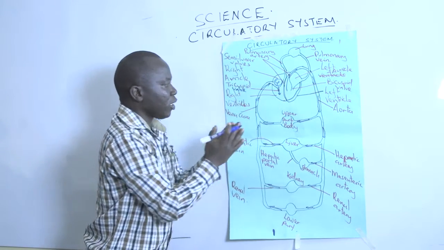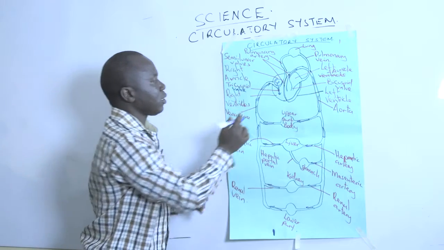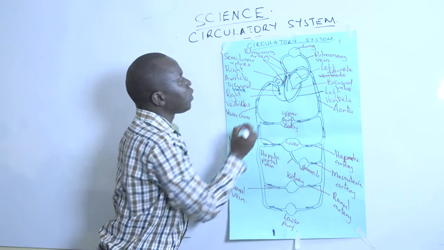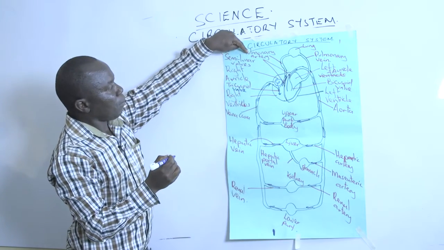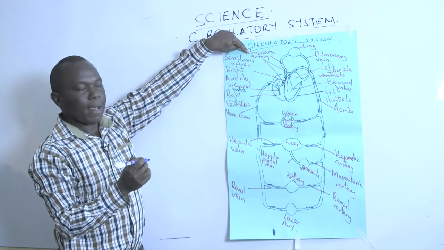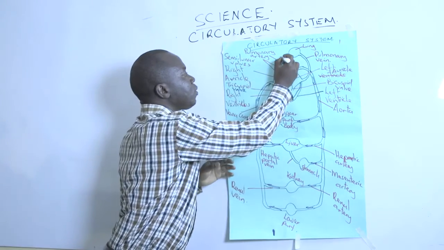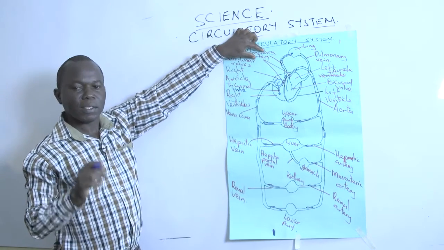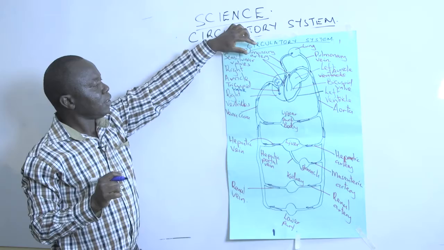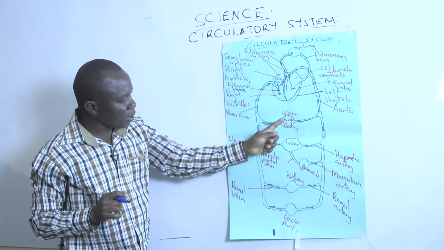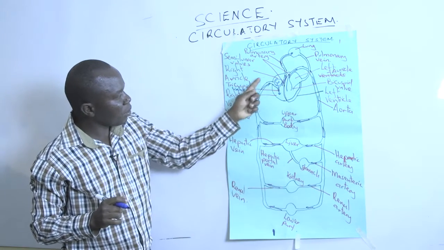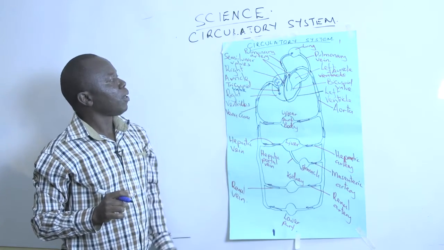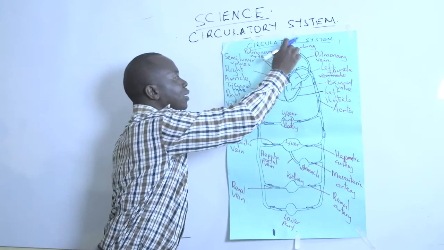When this ventricle is full and it contracts, it will push the blood through this blood vessel, pulmonary artery, into the lungs. Remember, we said pulmonary artery is the only artery that carries deoxygenated blood, because this blood is coming from the rest of the body to the heart and then out of the heart through pulmonary artery, and then it will flow to the lungs.